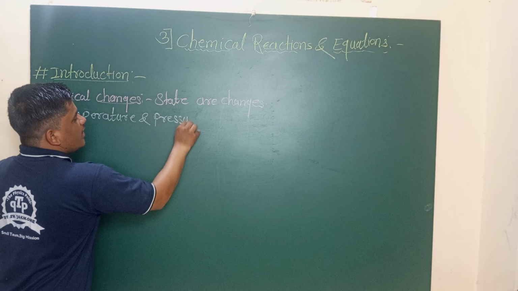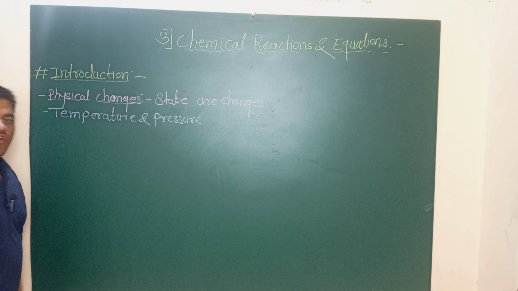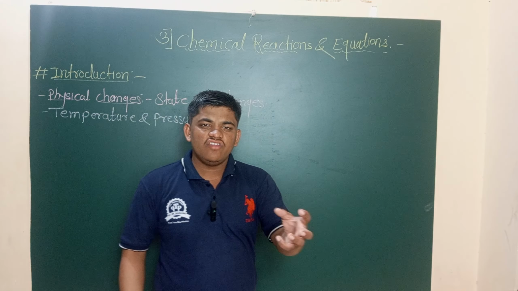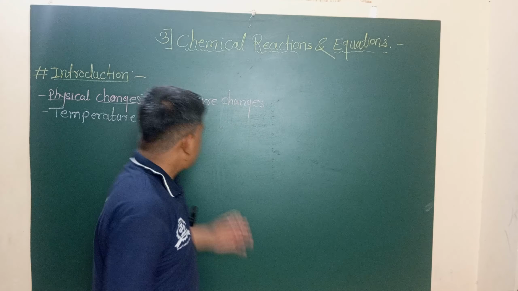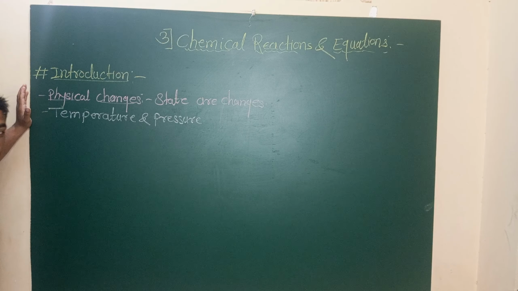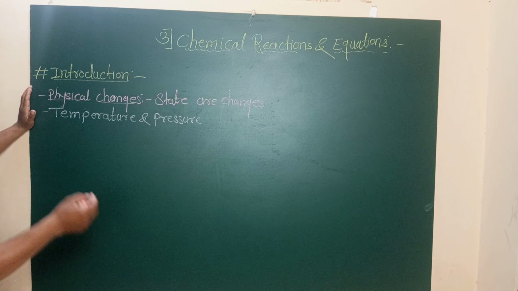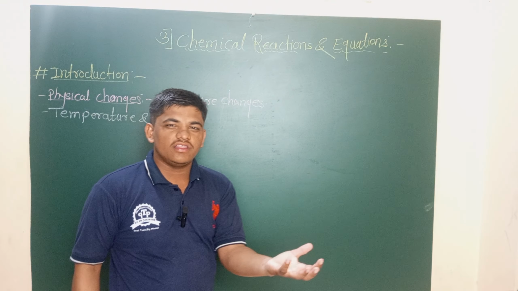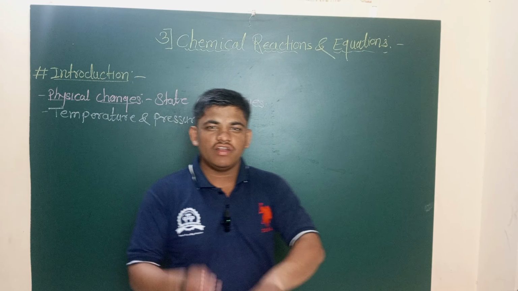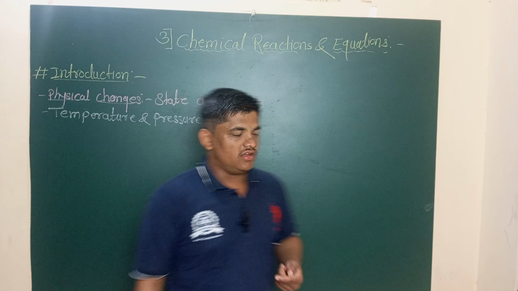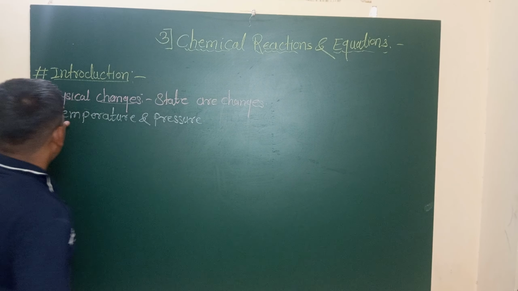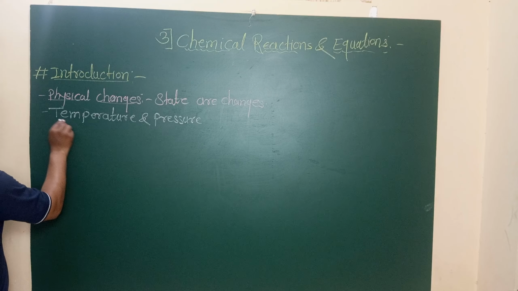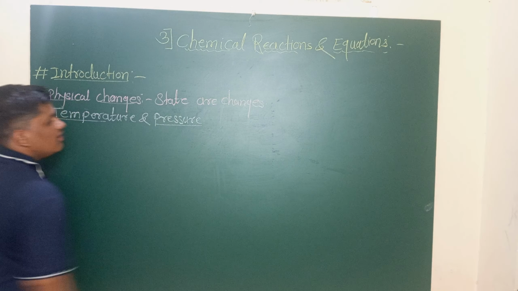If we apply pressure or temperature on any substance, it changes its state of matter. If we apply temperature or pressure on a liquid, for example water, it evaporates. That means the liquid is converted into the gaseous state. This is known as a physical change. The two components responsible are temperature and pressure.